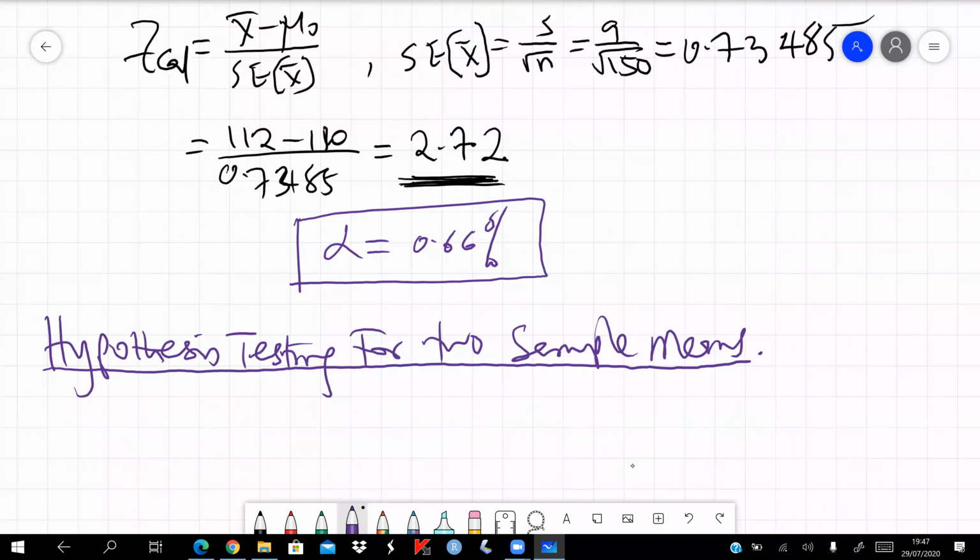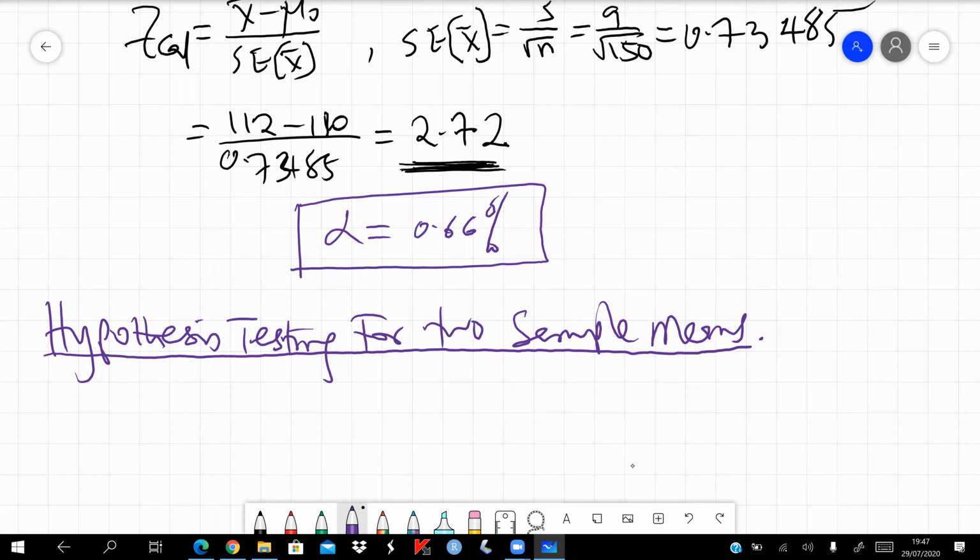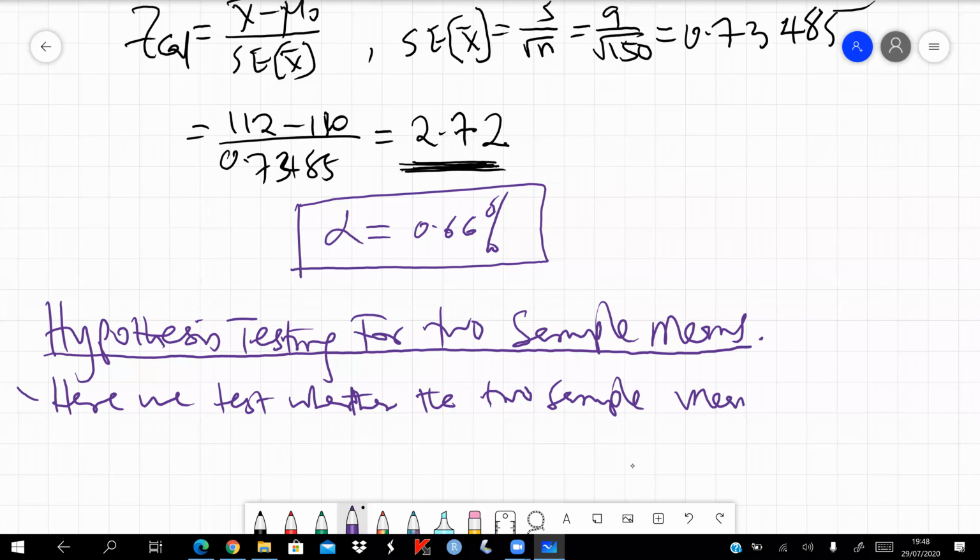So here we test whether the two sample means are equal. Let me paraphrase, here we test whether the two sample means are coming from the same population.